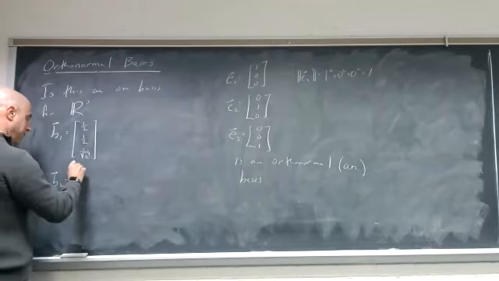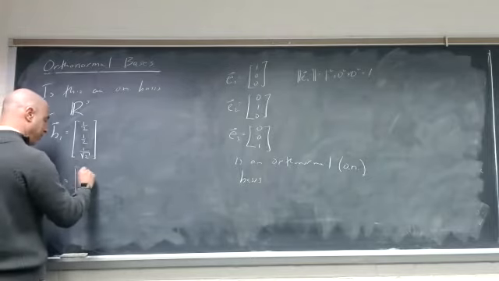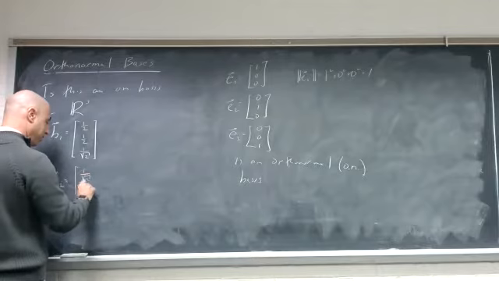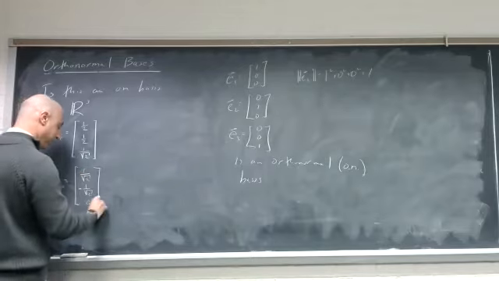B2 equals 1 over root 2, 1 over root 2, 0. Oops, sorry, I want that to be minus 1 over root 2.